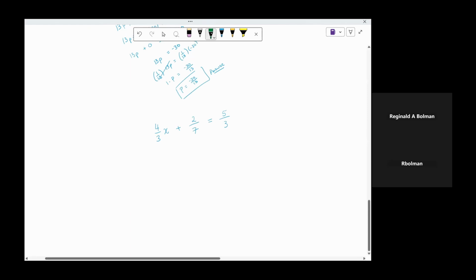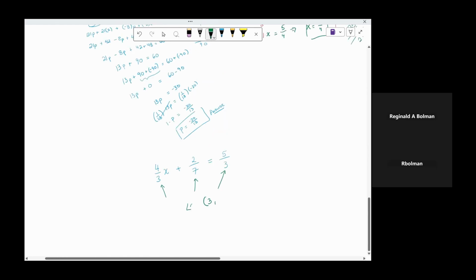If we wanted to clean up this equation, even though it's a two-step LEOV, and we could go through the process of using our additive inverse and then our multiplicative inverse, if we wanted to clean it up so that we're left with a two-step LEOV that doesn't have any fractions, what you would do is look to the denominators of your fractions, and calculate the LCD, not the LEV, but LCD of 3 and 7.